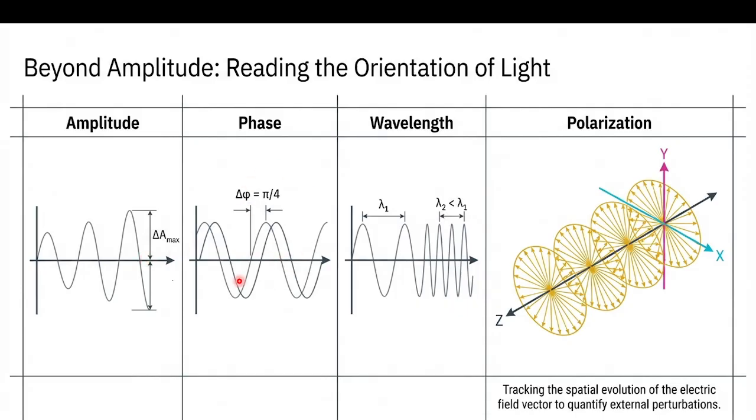Then in phase there is a phase difference, phase mismatch, so we use an interferometer. In wavelength there will be a change in the wavelength, as we have discussed in the last 3 weeks, an intense discussion about wavelength modulated sensors.